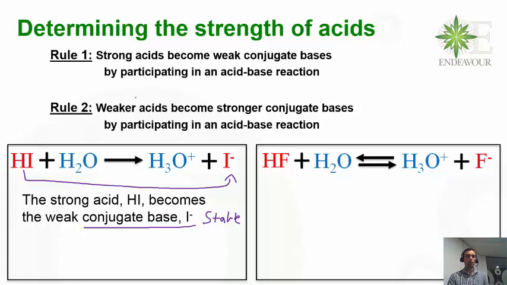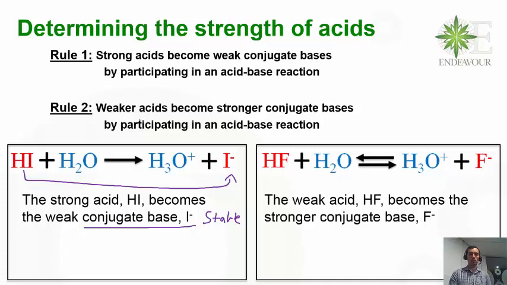And the second rule explains what happens to the weak acid. A weak acid will actually become a stronger conjugate base by participating in an acid-base reaction. So in the case we have on the right hand side here, the weak HF becomes the stronger conjugate base F-. So that correlates to the HF, which is stable, actually becoming the F-, which is more reactive.